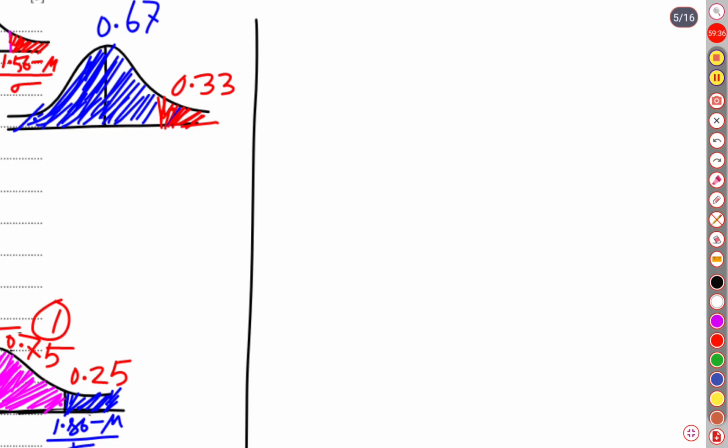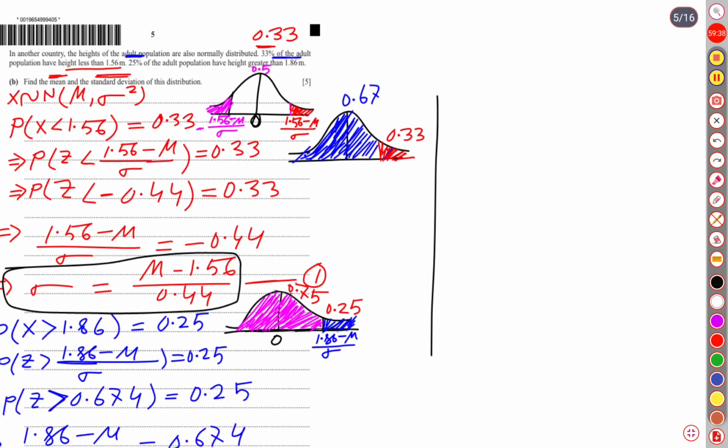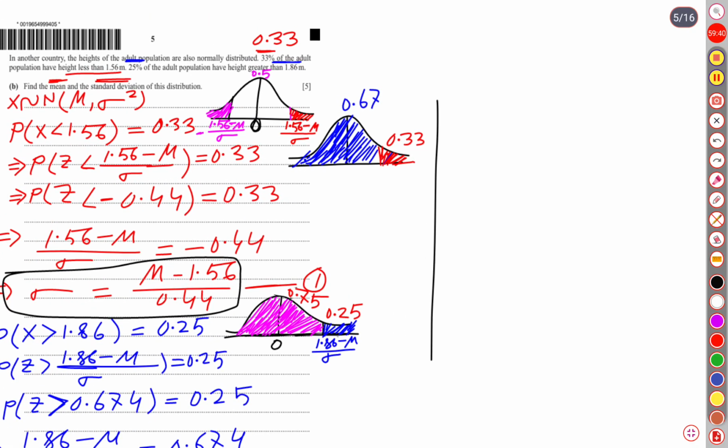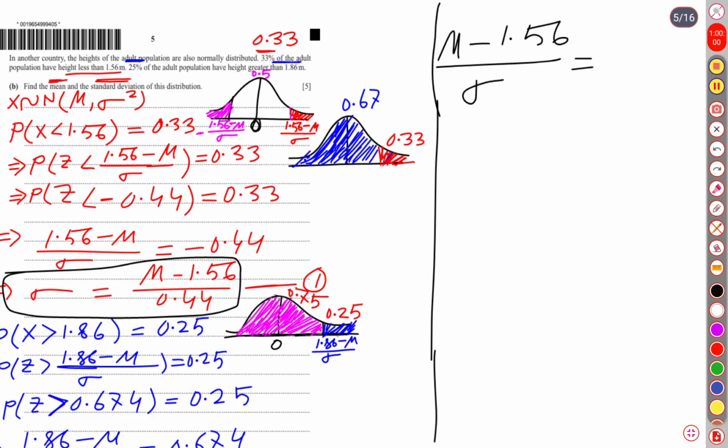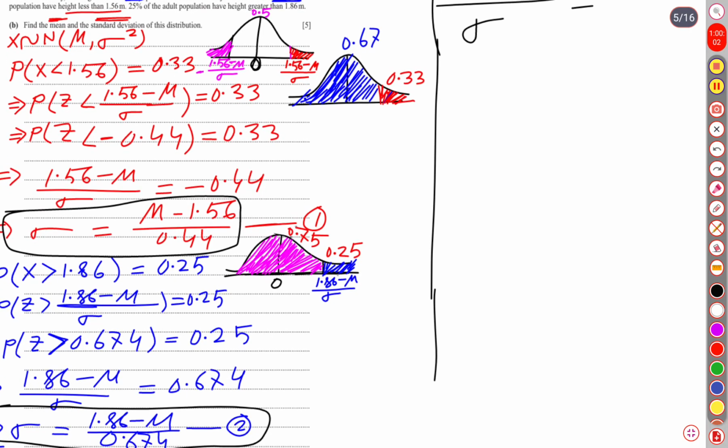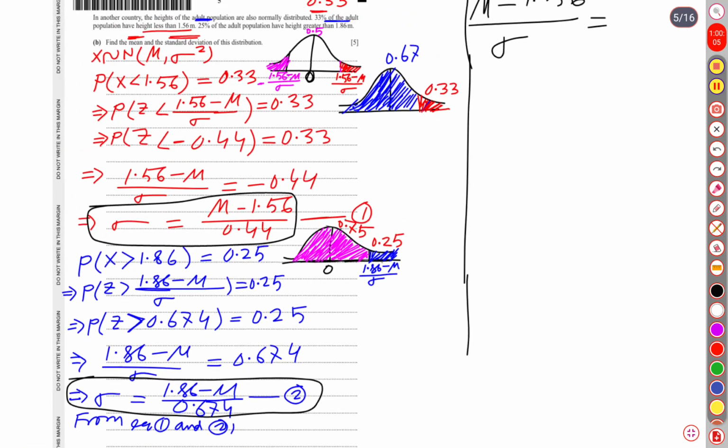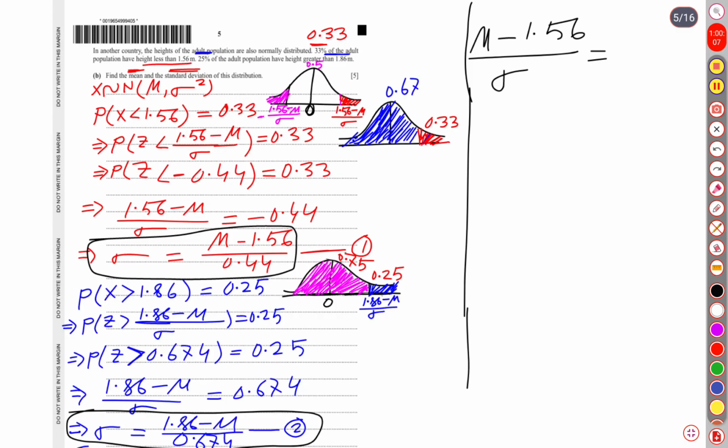So the equations are: the first equation was mu minus 1.56 over sigma, which is equal to the second equation 1.86 minus mu.